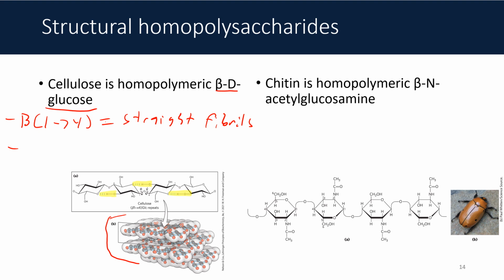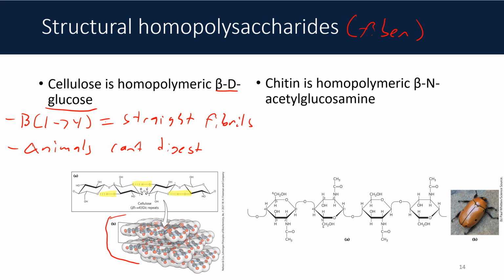These glycosidic bonds are going to be even harder for enzymes to snip apart. Not impossible. There is an enzyme that can do it. It's called cellulase, but animals don't have that enzyme. So therefore, animals can't digest this polymer. There are plenty of decomposers that can, though. And that's not the only structural homopolysaccharide out there, aka fiber.